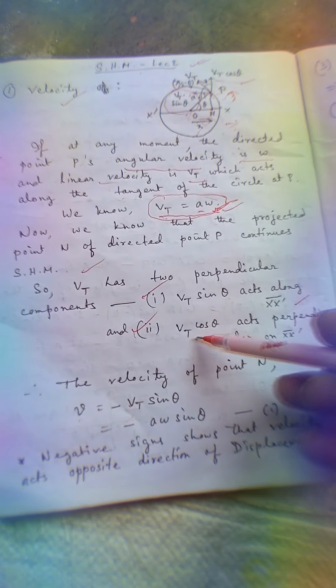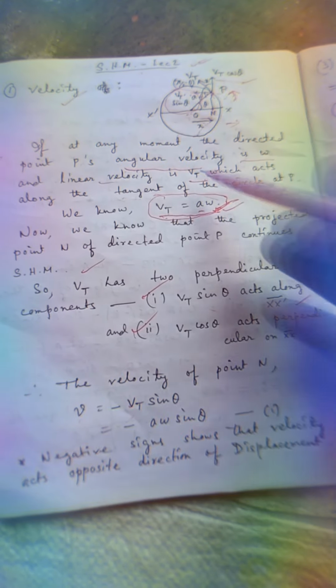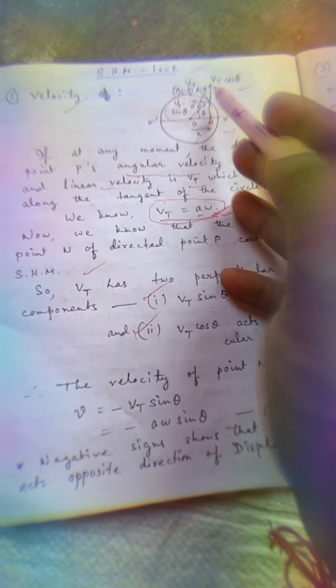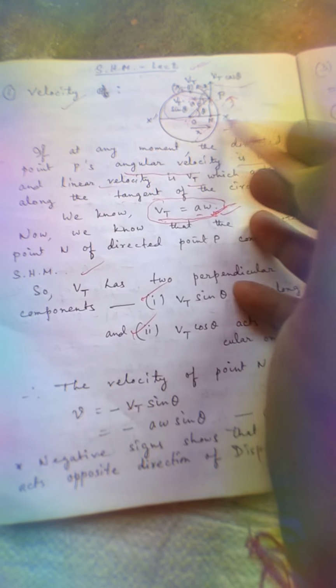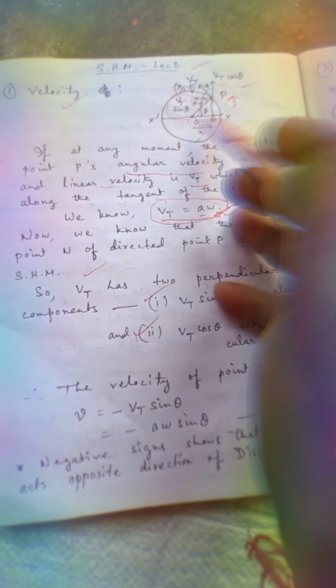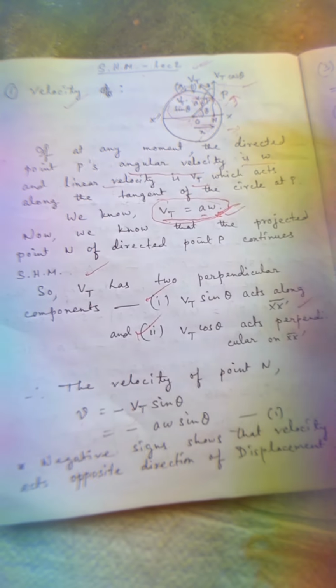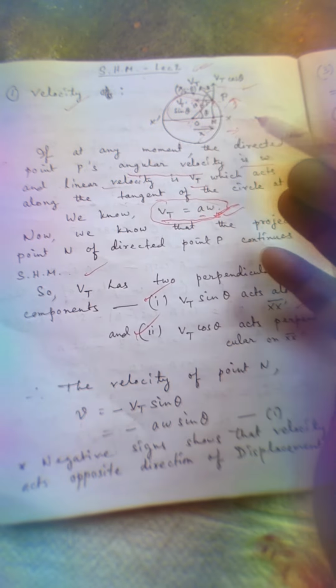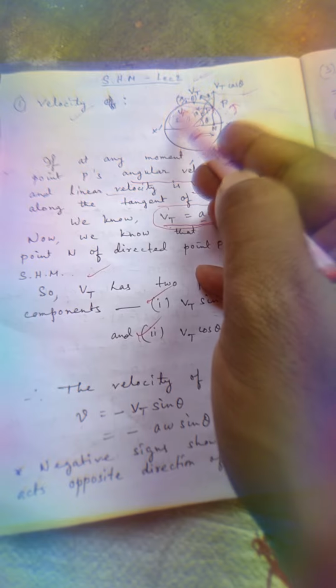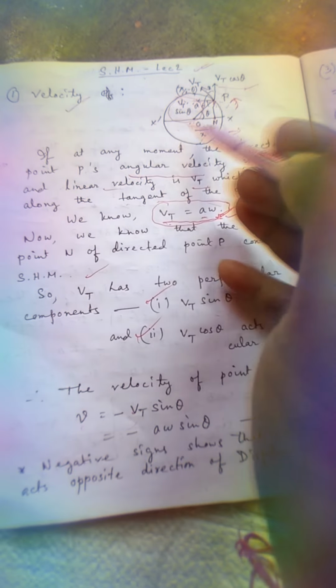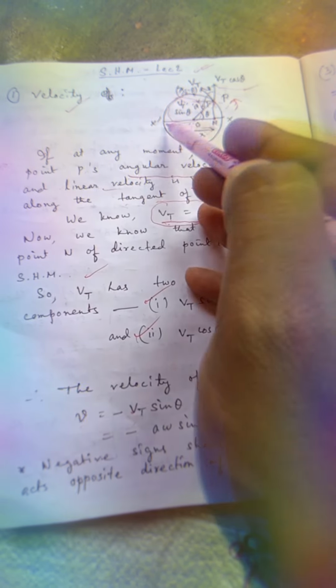Vt cos theta is perpendicular to the x axis, the diameter. So we will just consider Vt sin theta, which is the velocity of the particle that executes simple harmonic motion.